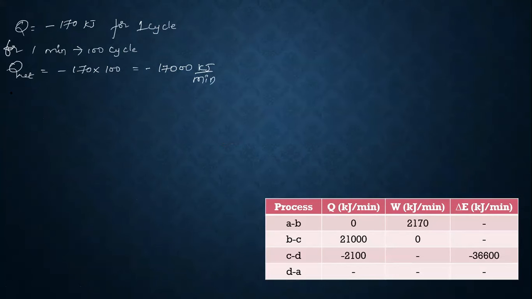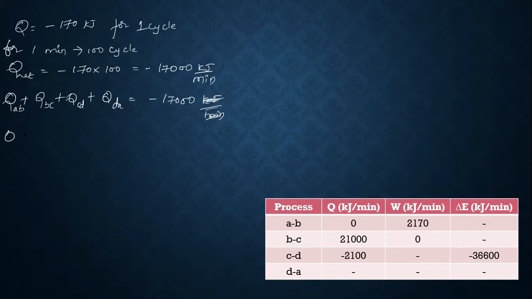But net heat transfer is the summation of all these four, that is Q AB plus Q BC plus Q CD plus Q DA, which is equal to minus 120 kilojoules per minute.